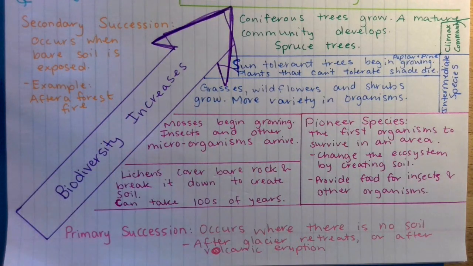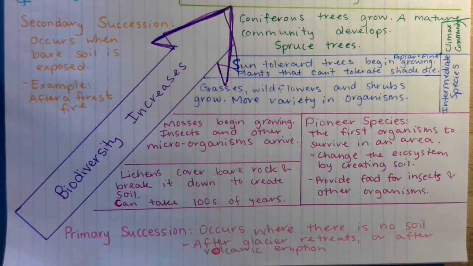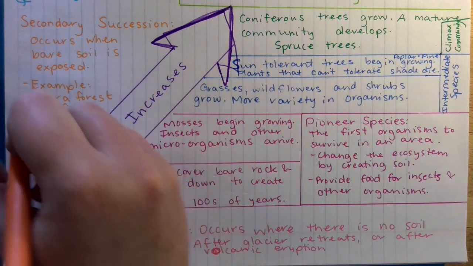It can also be like after people disrupt a site or whatever, but Alberta naturally has quite a few forest fires that go through it, and so that's our big example.